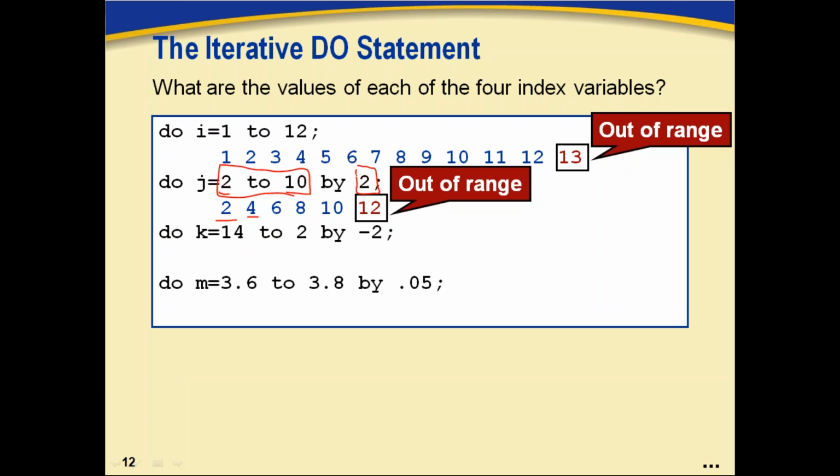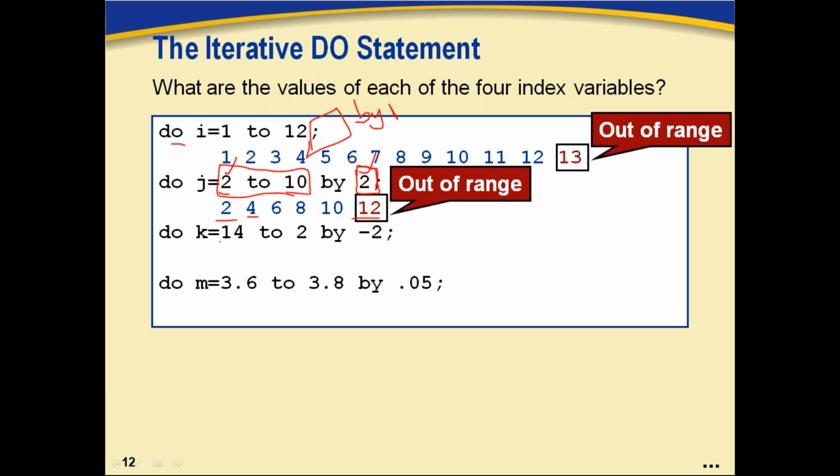By default, if you don't specify any by keyword in the do statement, it will increment the value by 1. If you explicitly specify, it will increment the loop value every time by that number. When the condition fails, it will come out of the loop.